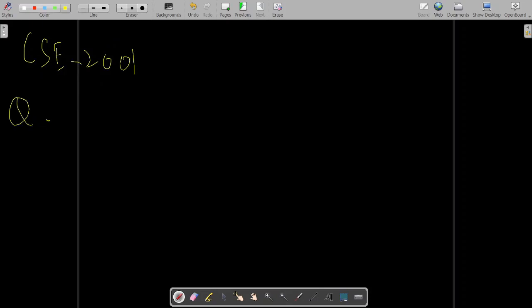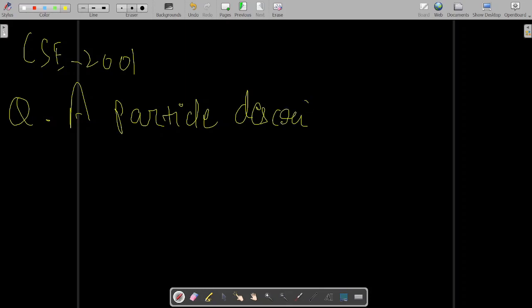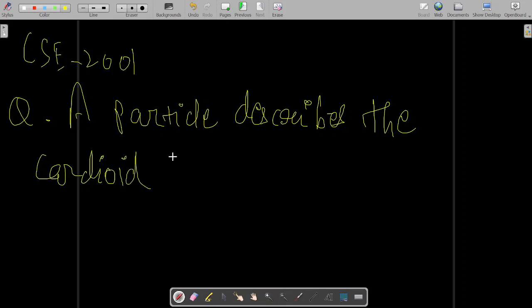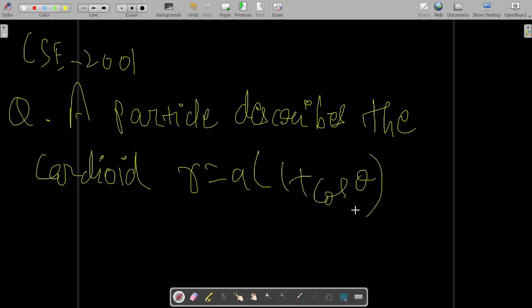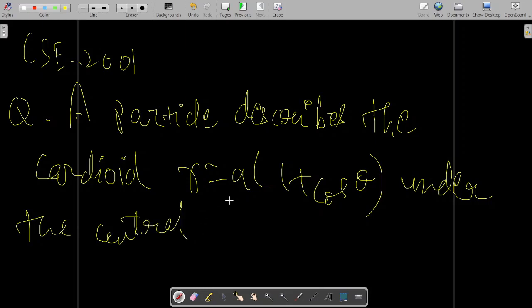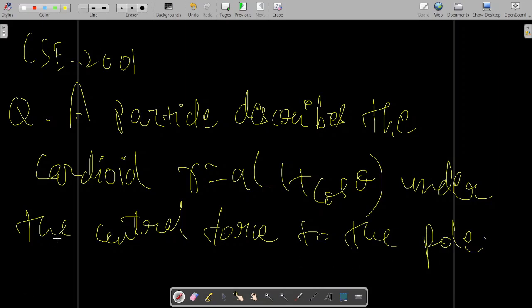The question is like this: a particle describes the cardioid r equal to a into 1 plus cos theta under the central force to the pole. Find the law of force.